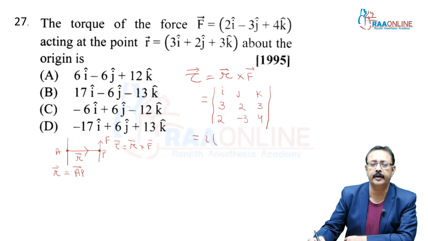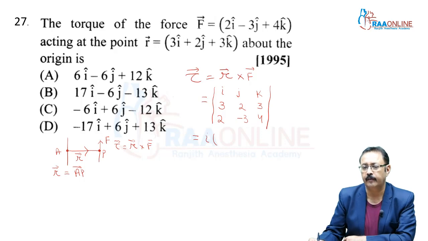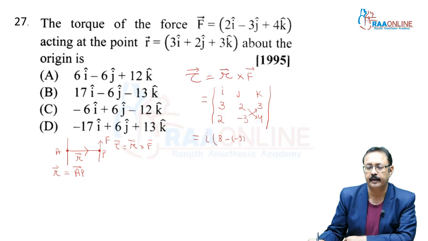How to solve a determinant? You know. Hide the row and column of I. What you will get? Top left to right bottom, minus this. So we will get 8 minus 9. It is the coefficient of I. I is positive, then write minus j. Plus minus plus, because we are using the concept of cofactors.